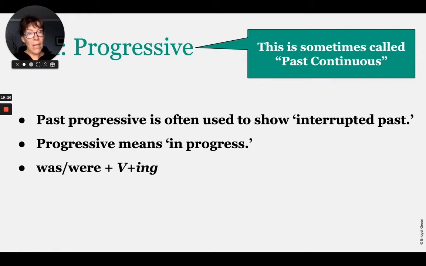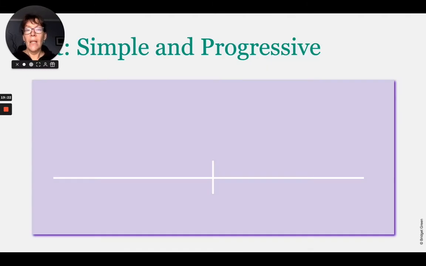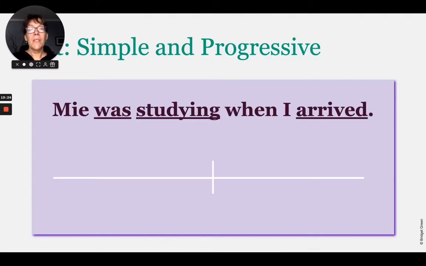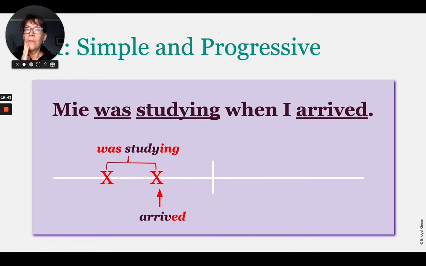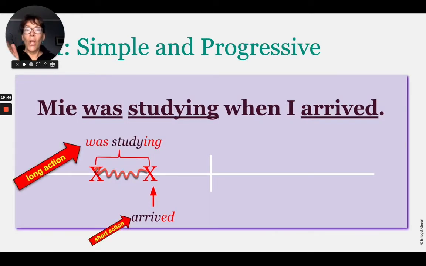We use the verb be plus -ing like this. Mie was studying when I arrived. Okay, notice here we have 2 tenses, the simple and the progressive. Mie was studying. This is an action that took place over time, and then it was interrupted when I arrived. So the long action is the progressive one, and the short action, I arrived, is in the simple tense.